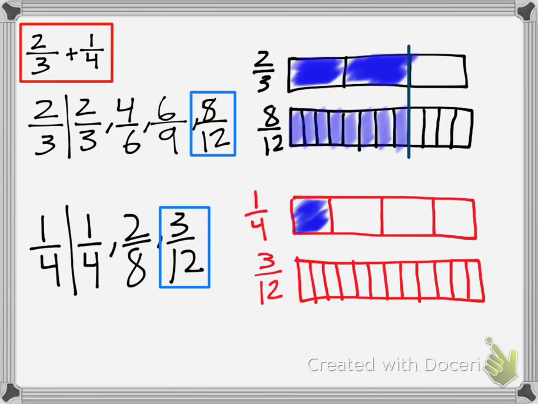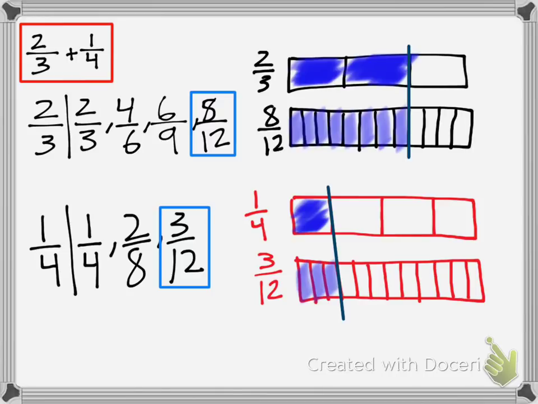So as you can see, 1/4 is already shaded in for our one part out of the 4 total parts. So for our 3/12, we have 12 open spots, and we're going to shade in 3. And once again, you can see that these fractions are equivalent because they fill up the same amount.